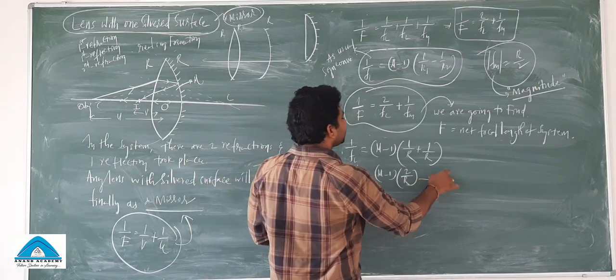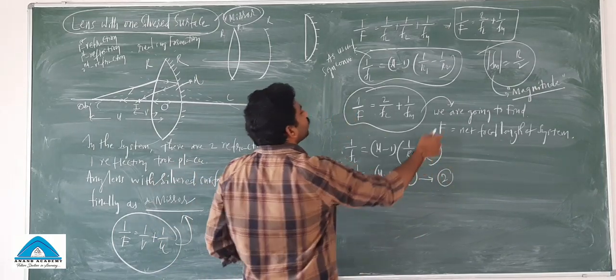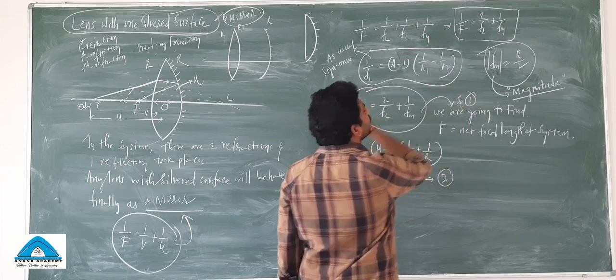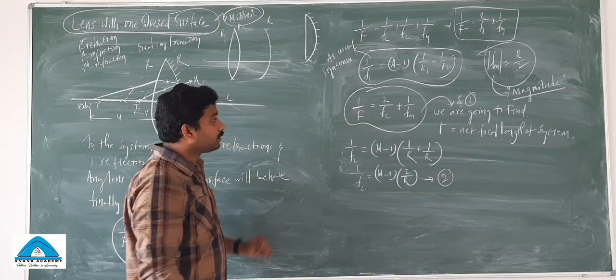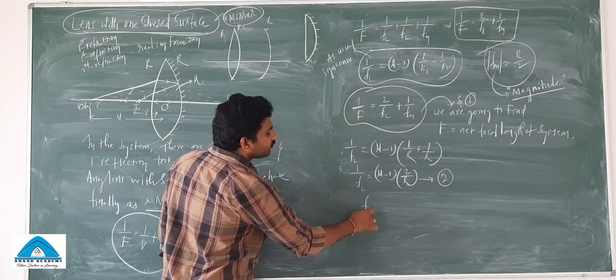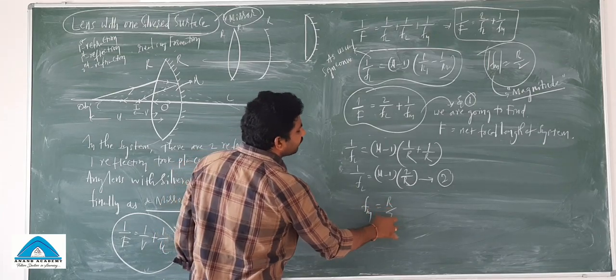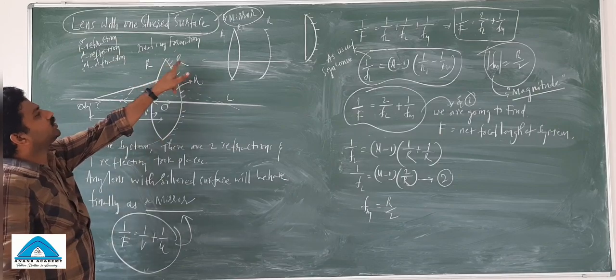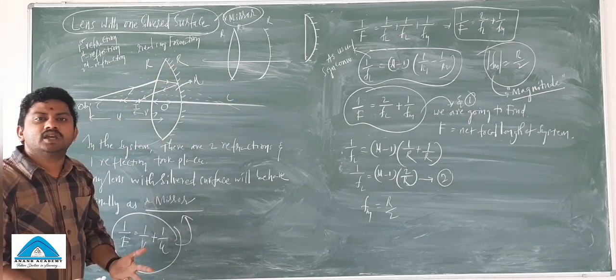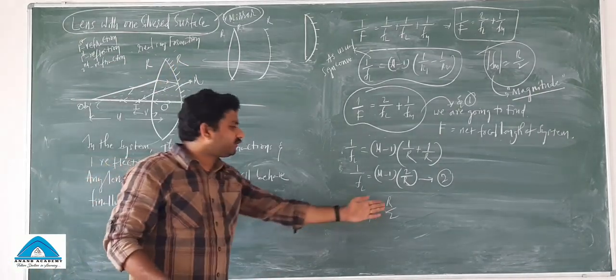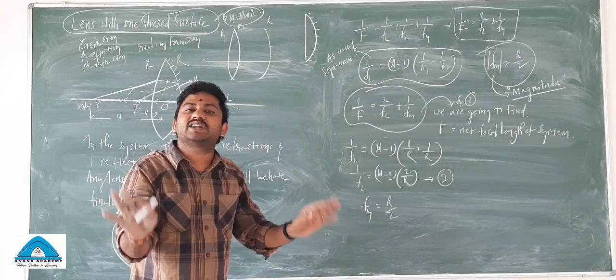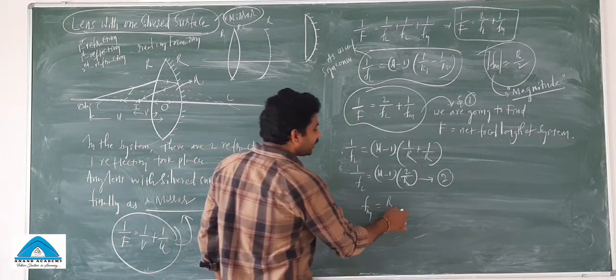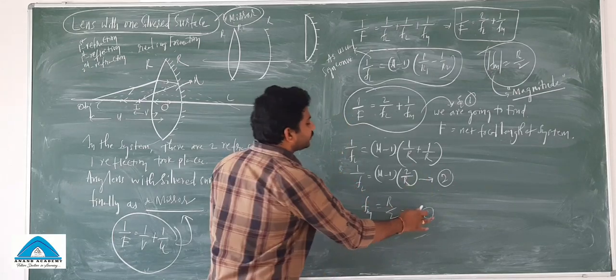Keep it as equation 2. Imagine this is equation 1. Now, the focal length of the mirror. We know the focal length of the mirror is R by 2. Here is the concave mirror whose radius of curvature R is given, and the focal length will be R by 2. I have not taken any sign convention. So this is equation number 3.